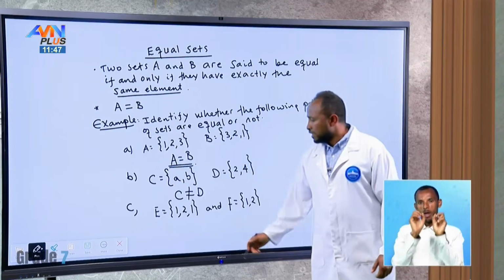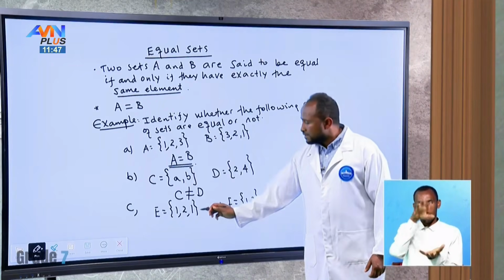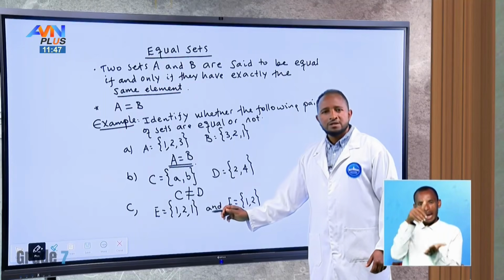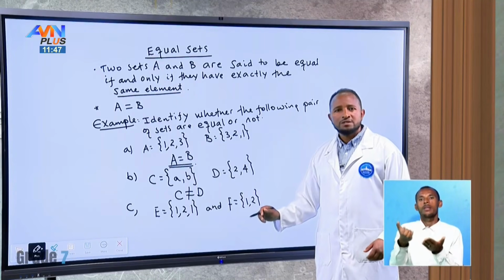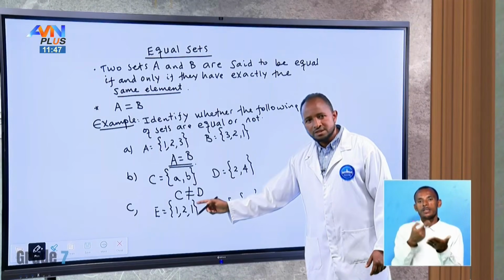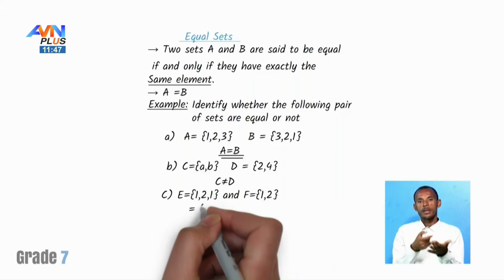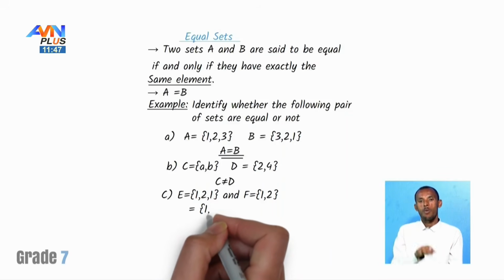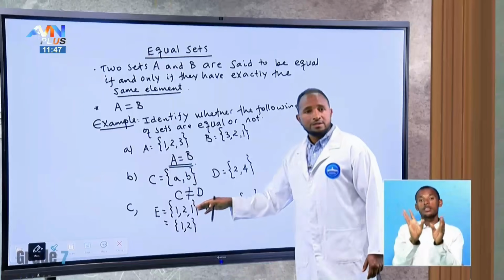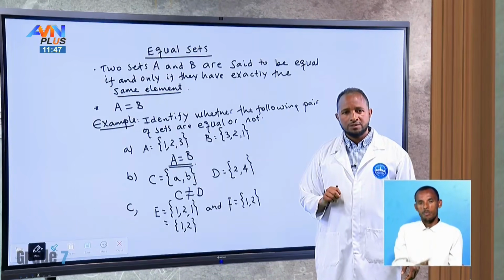Okay, as you can see here, set E contains the elements 1, 2, 1. Repeating an element in a set doesn't add an additional element. Therefore, this set means the same as 1, 2. This set contains only 1 and 2. It contains 2 elements.